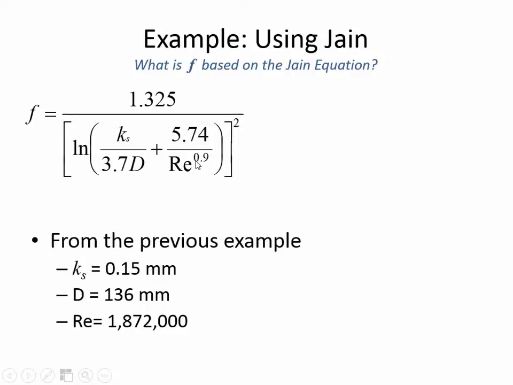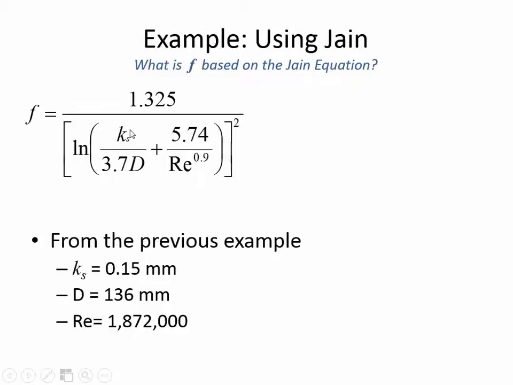With a really high flow velocity, because remember, Reynolds number corresponds to velocity, and since Re is velocity times diameter divided by kinematic viscosity, if you have big V, that goes to big Reynolds number. If you've got a big Reynolds number in this Jain equation, then the second term goes to 0. So at really high velocities, the f value is going to depend almost entirely on k sub s to d, the relative roughness.